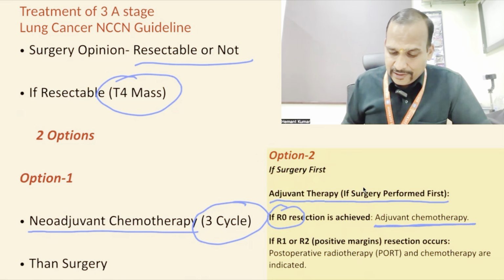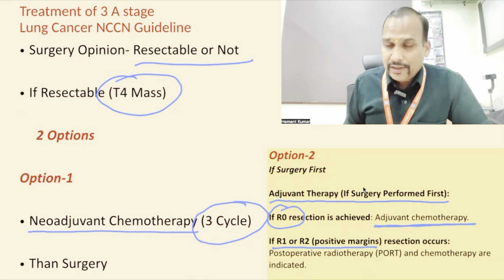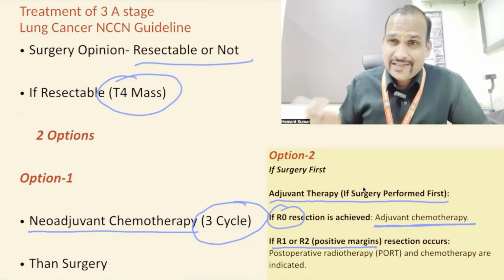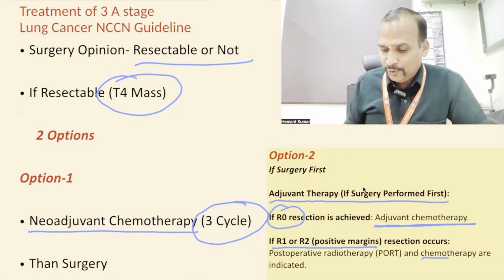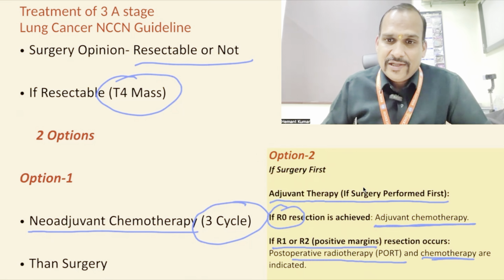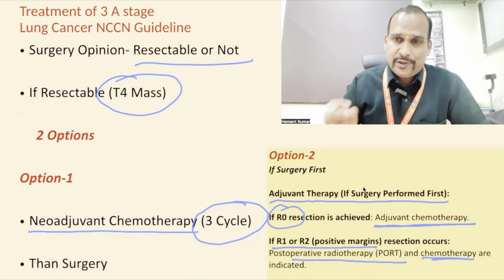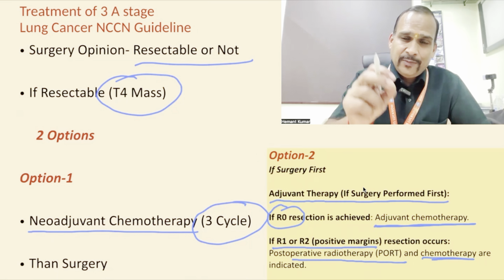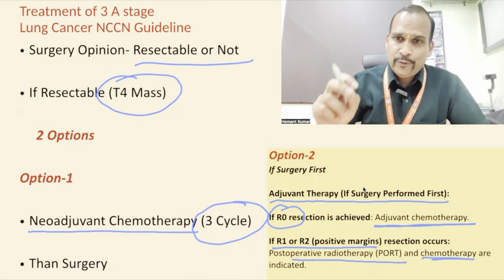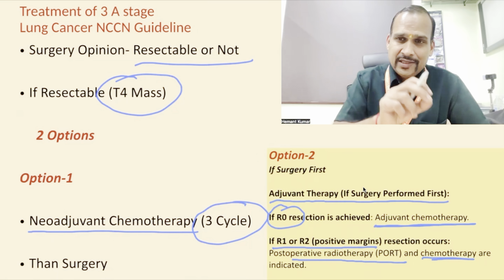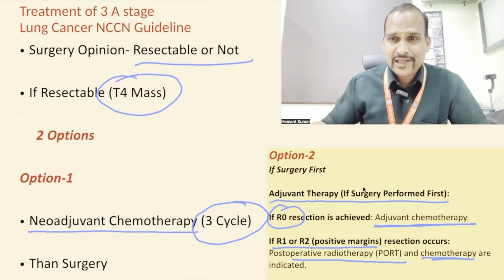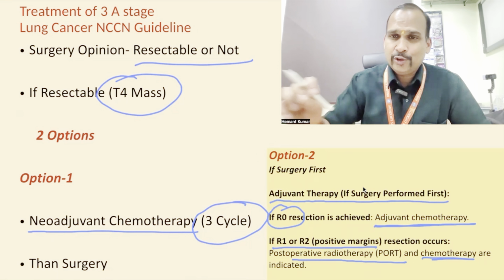If there is R1 or R2, meaning tumor margin is not free of cancer, there is cancer remaining on the margin, then along with chemotherapy we have to give postoperative radiotherapy. So this is how we have to manage this patient. Option 1, give chemotherapy, then surgery. Option 2, surgery along with chemotherapy. If the tumor margin is still positive for malignancy, give radiotherapy also along with chemotherapy.